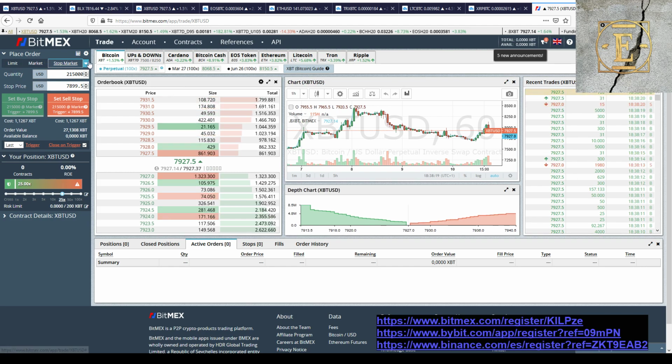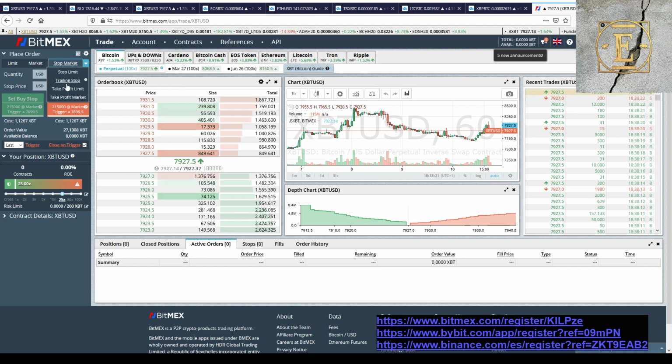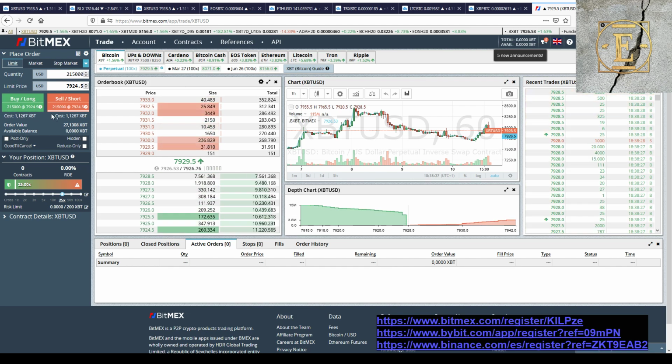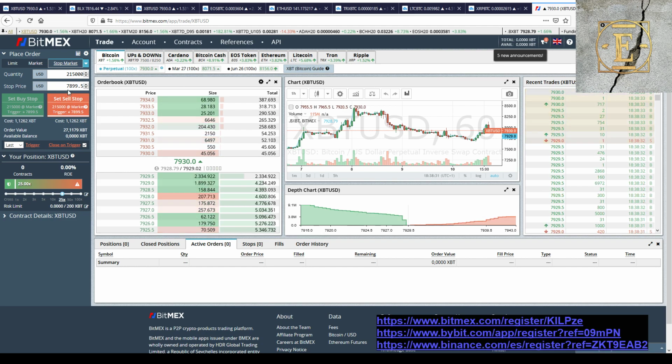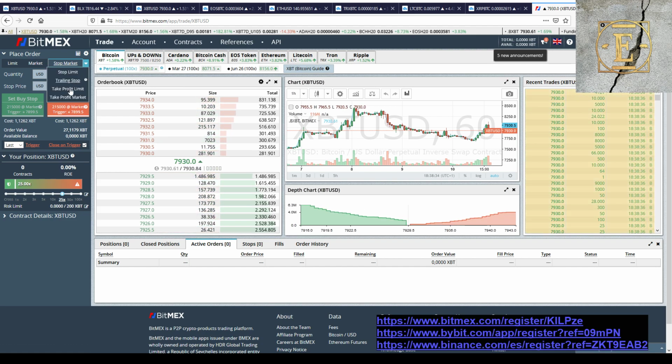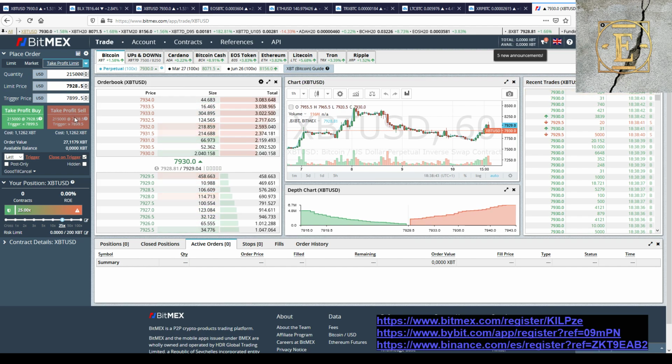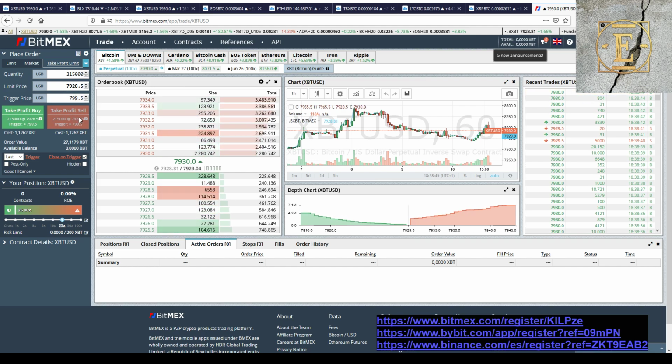If you use the stop limit, it's going to be difficult. If you are longing now at this area, then you can think, okay, I think the price is going to bounce at 7,900.